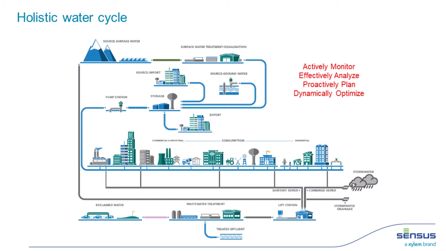But all water's connected, and your AMI system often covers more than just your distribution system. It often covers more than just the water you're responsible for. So I would encourage you to, and I've seen some other utilities reach across organizational boundaries to help the other agencies or other groups who manage some of those other water resources, and say, hey, we've got this technology, maybe it could help you as well.